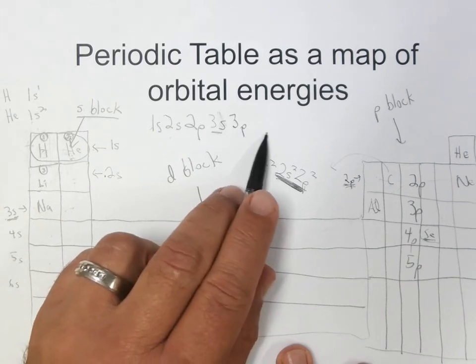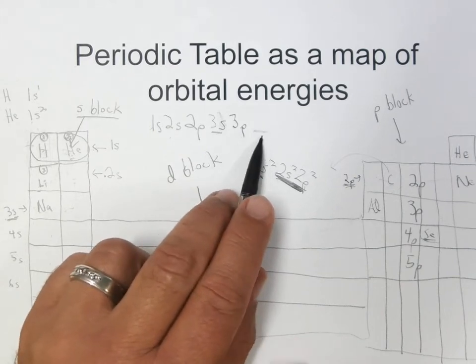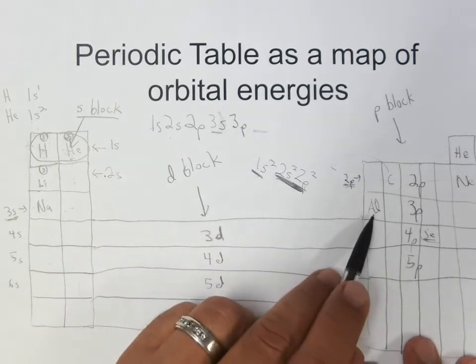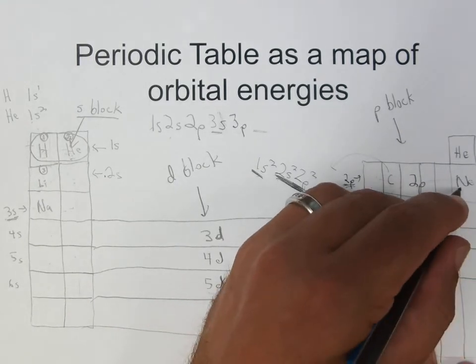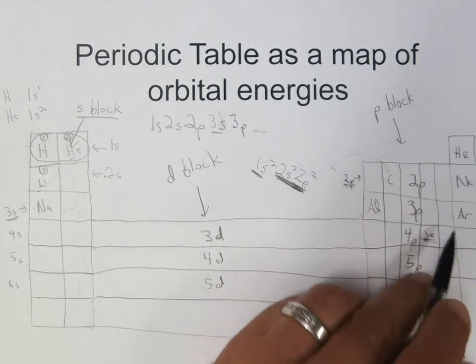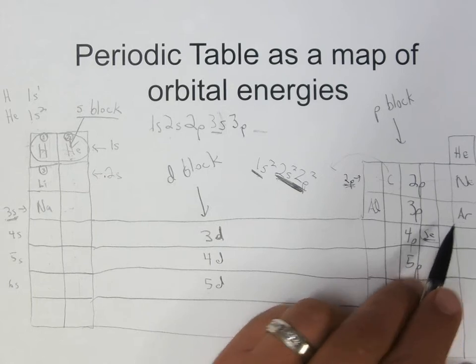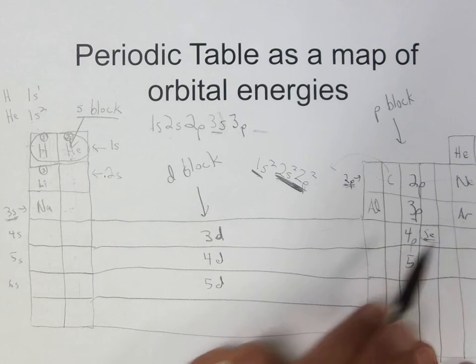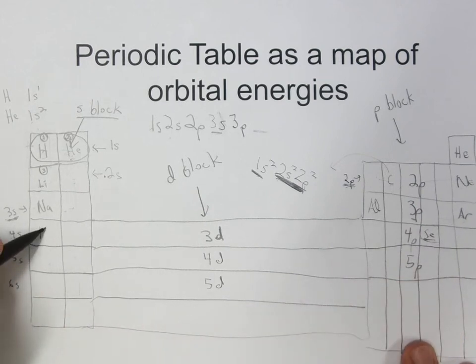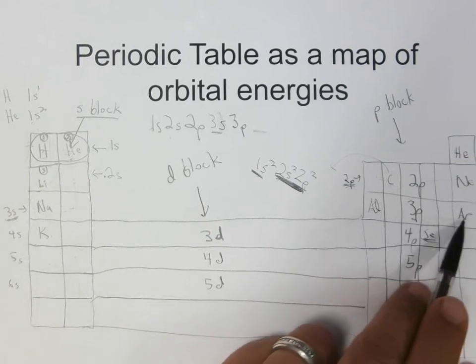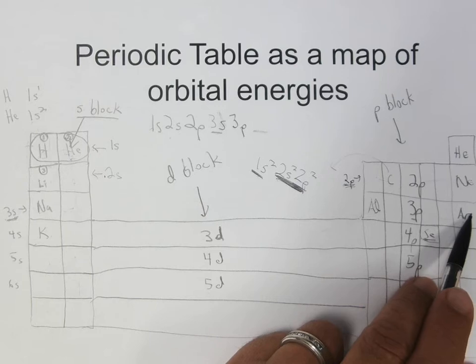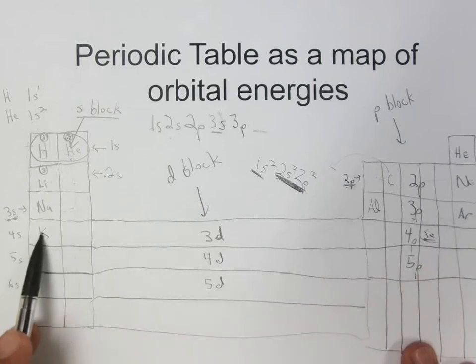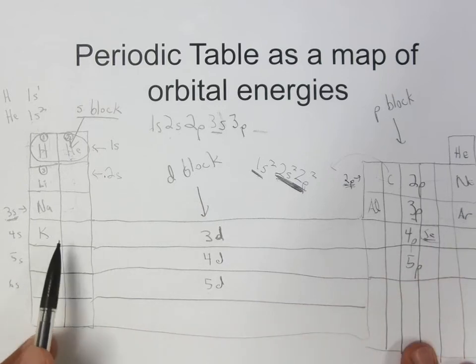You might expect the 3d to be right after the 3p and fill up the third energy level, but when we get done with argon and have accounted for 18 electrons and finished off the 3p sublevel, where's element 19? Element 19 is potassium in the 4s. So after we get done with the 3p row, elements 13 to 18, we find element 19 in the 4s row.